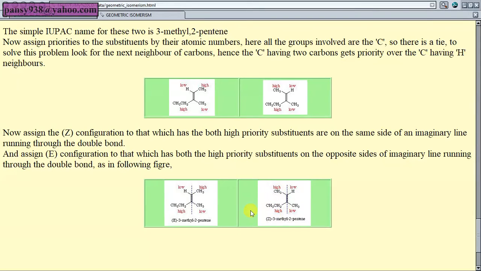This is the imaginary line which bifurcates the molecule. So Z means both of the high priority groups are on the same side, and E means that both of the high priority components, atoms or groups are on different sides.